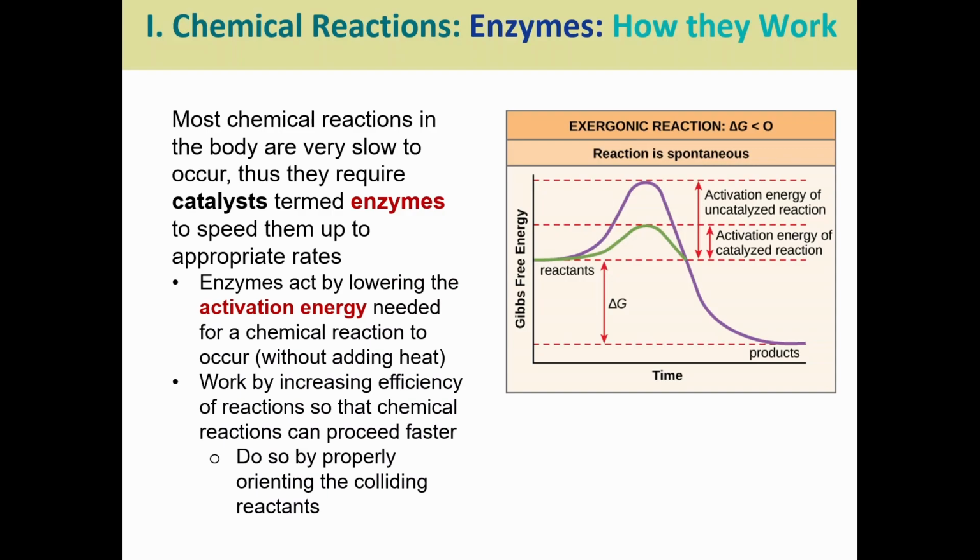Think of a piece of plastic that you need to break into two pieces. If you twist it, if you start manipulating it, you can weaken it to the point where you can break it. Similar here, our enzymes are taking these reactants and distorting the bonds just a bit so that it takes less energy to break them.